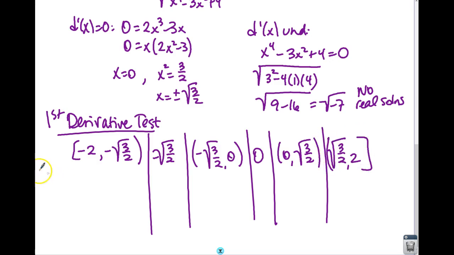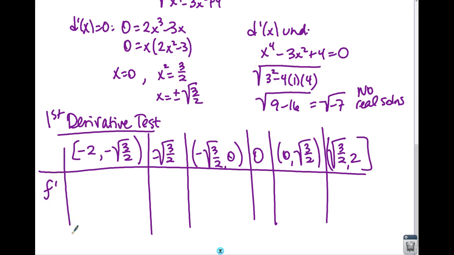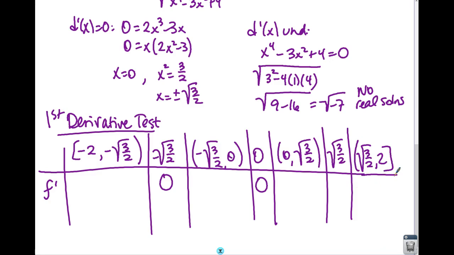And again, we are looking strictly at our derivative. I know that my derivative is equal to 0 here. I didn't put a zero, I will fix that. Boom, done. Oh, and it was also 0 there. So now I just need to figure out what is happening here, here, here, and here.